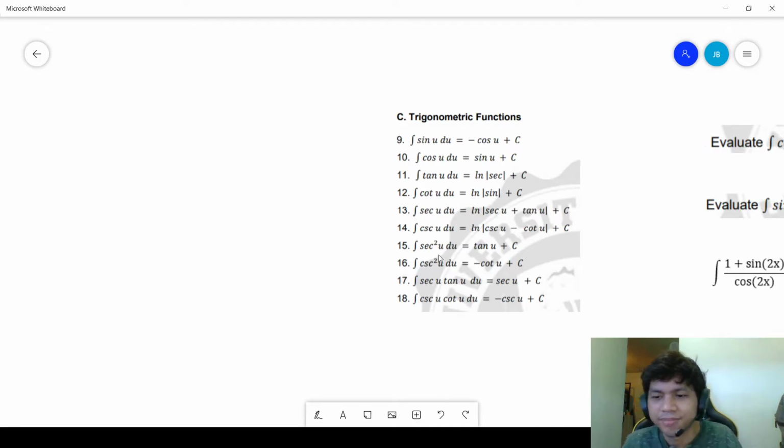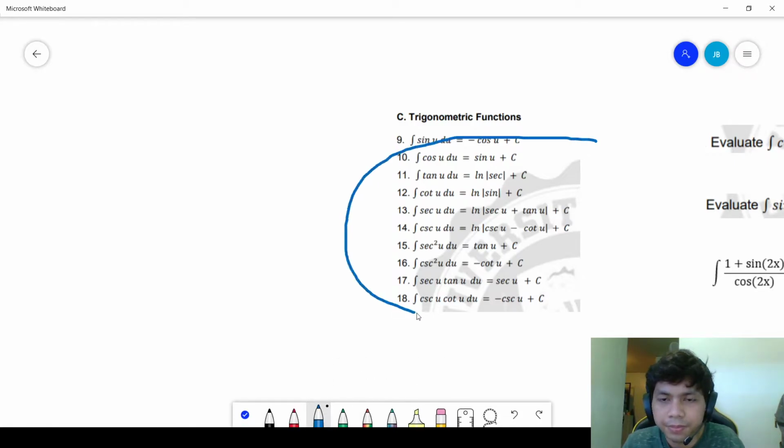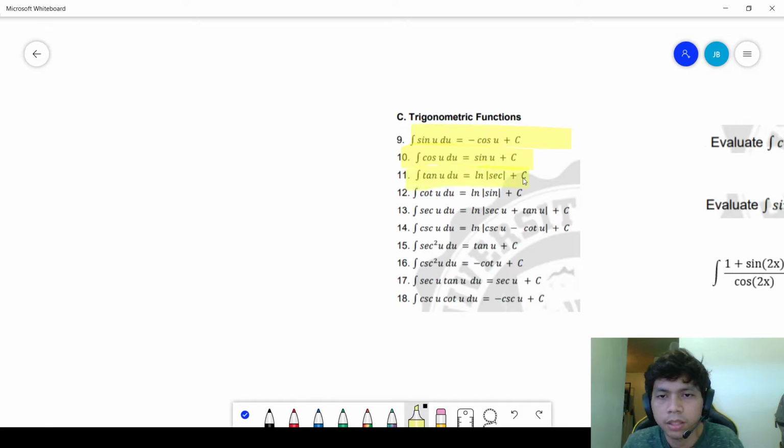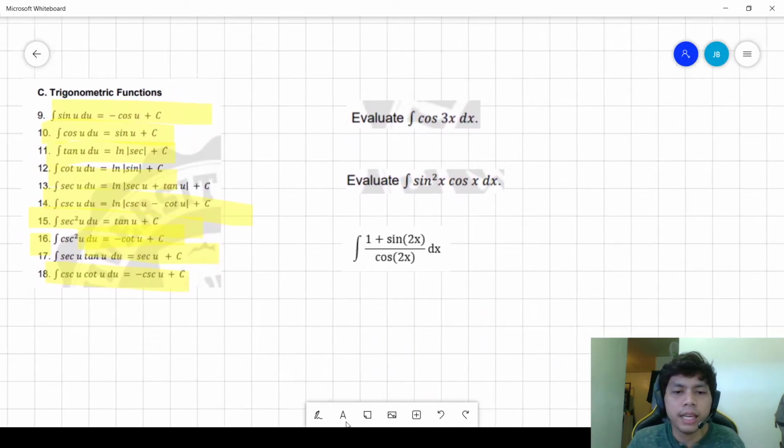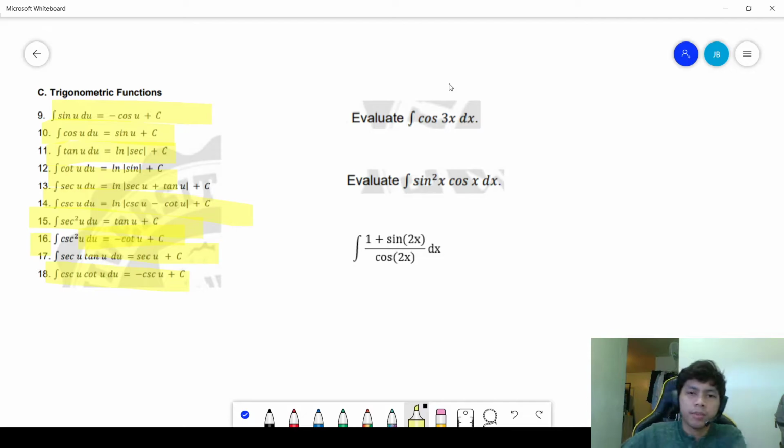So again, the integral of trigonometric functions is this one. Let's highlight the following. These are all important, so everything will be highlighted. Please familiarize yourselves with the following.